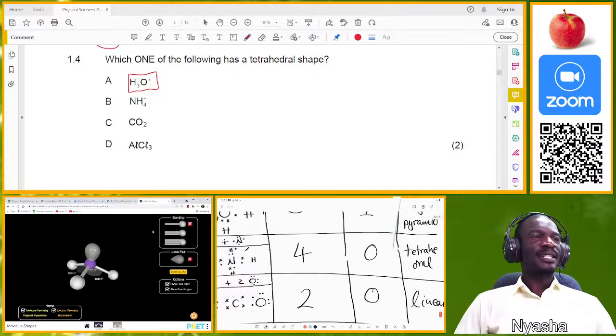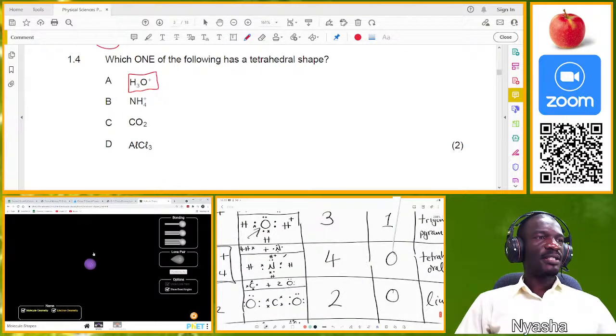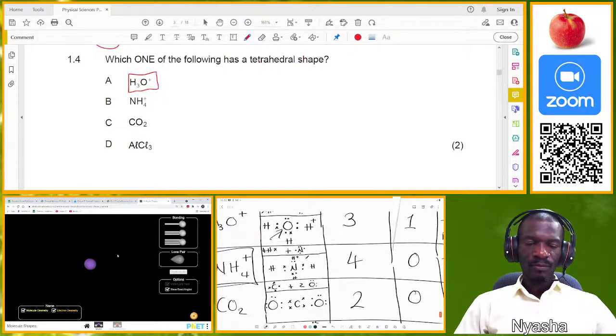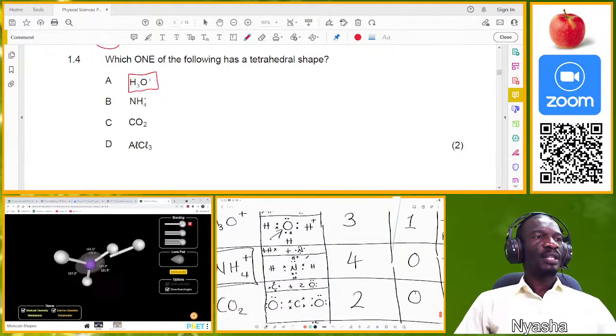How about a tetrahedral structure? So let me take away this lone pair. Let me take away all these bonds and start afresh. So we've got our nitrogen in the center there. We've got 4 hydrogens, made of single bonds. So how many bonding electron pairs? 4. 1, 2, 3, 4.